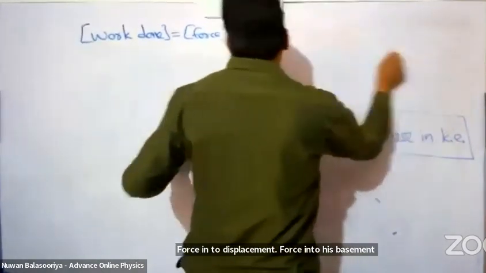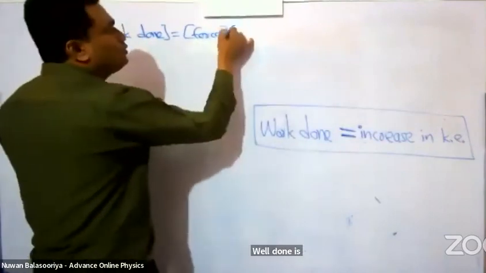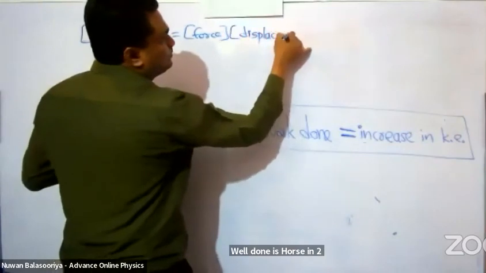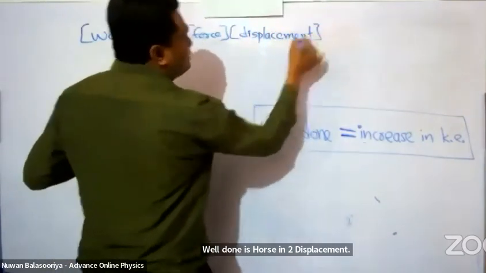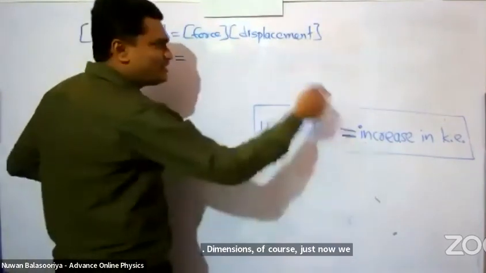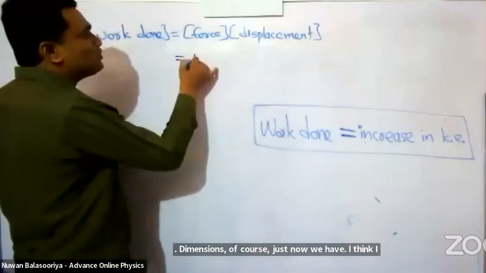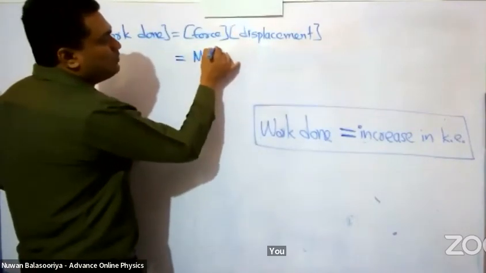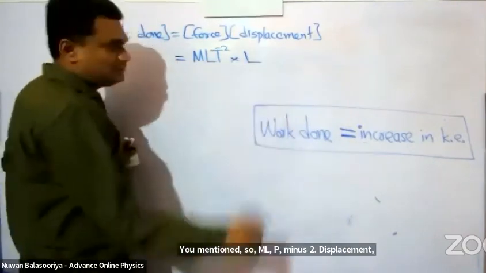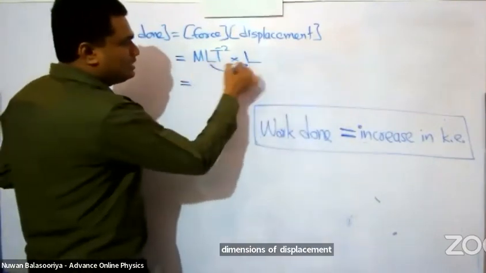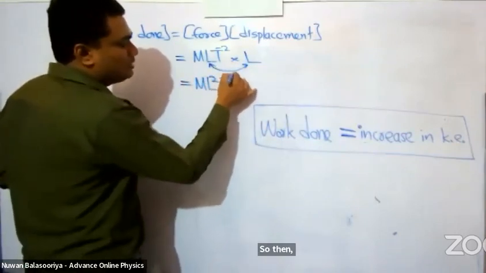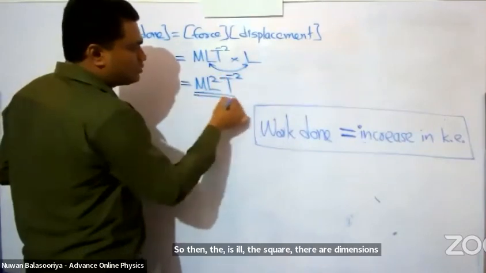Dimensions of force we have found just now: MLT minus 2. Displacement has dimensions of length, L. So L into L is L square. Therefore, dimensions of work done are ML square T minus 2.